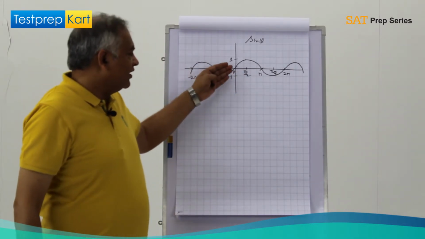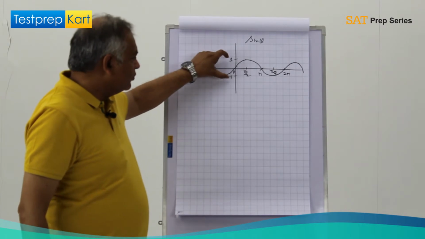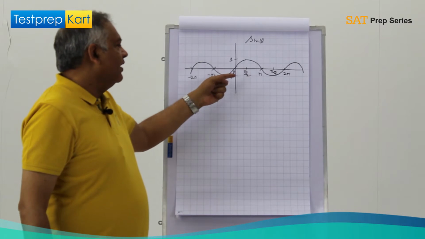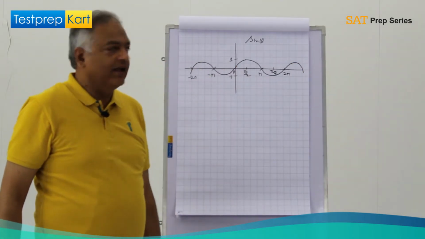Therefore, sine theta is confined to negative 1 to 1. So the range of the sine function is negative 1 to 1, whereas the domain is the entire real line.